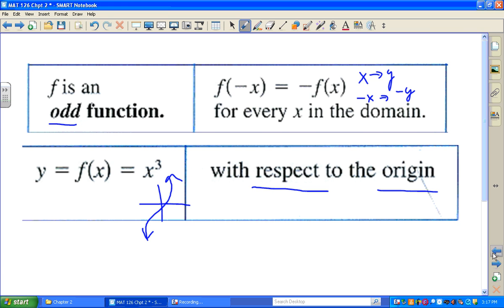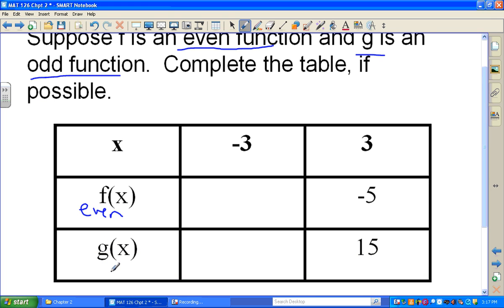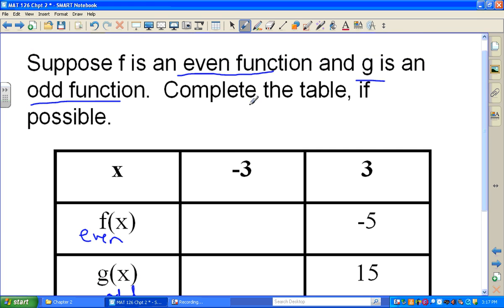Odd functions. Good. Suppose f is an even function and g is an odd function. F is even, g is odd. So, complete the table if possible.